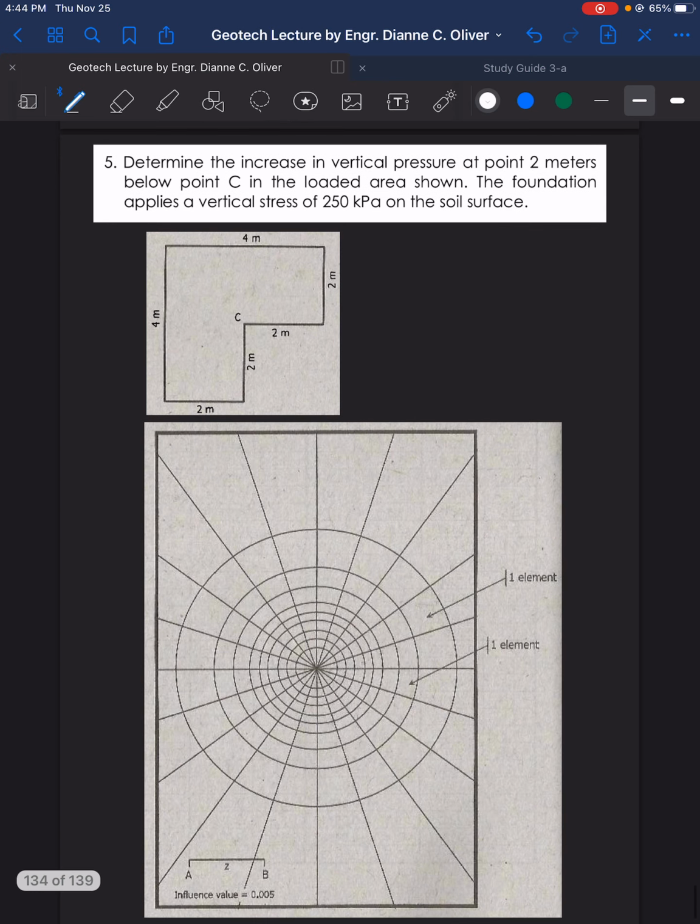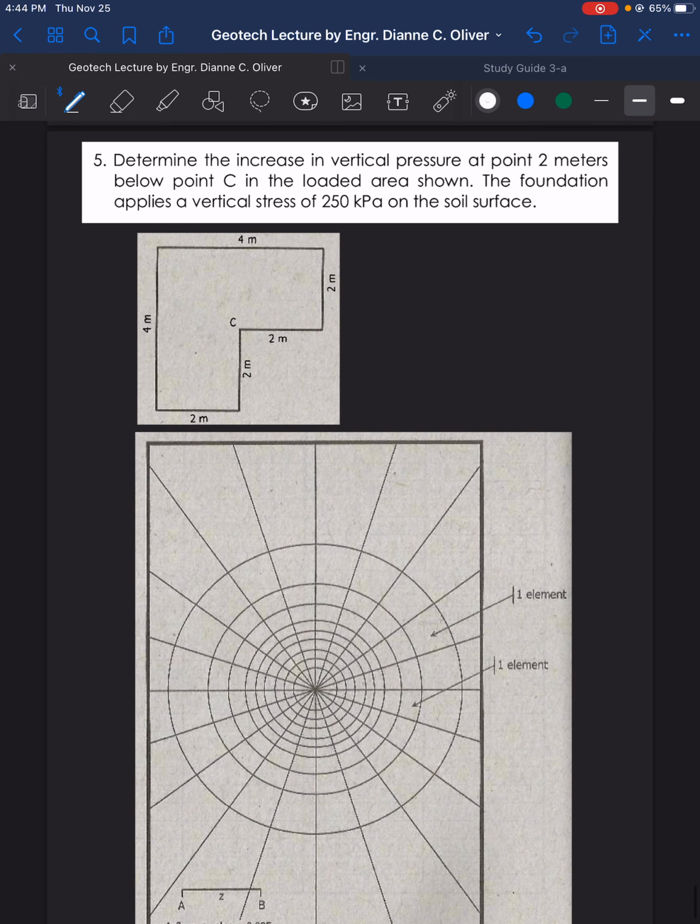So we have here our last problem, number 5. Determine the increase in vertical pressure at a point 2 meters below point C. So this is our point C here. In the loaded area shown, the foundation applies a vertical stress of 250 kilopascal on the soil surface.